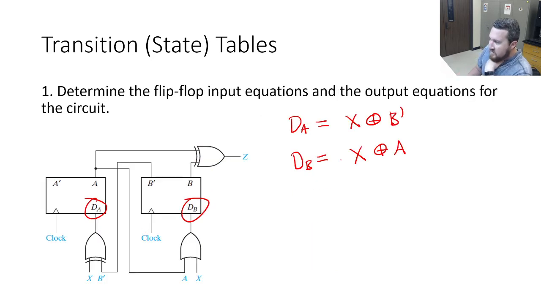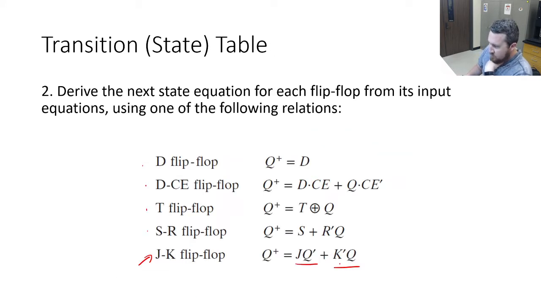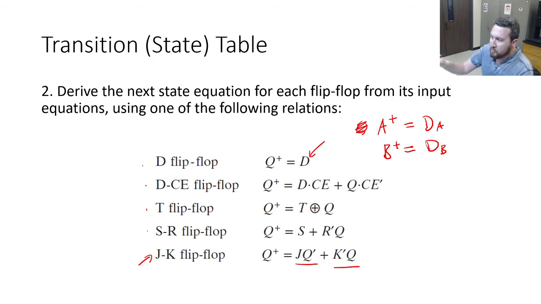So for A plus, that's going to be equal to dA for a D flip-flop, and B plus is going to be equal to dB. You tie your flip-flop input equation to your next state equation based on the type of flip-flop that you're using, or that is given to you. Any questions about that?